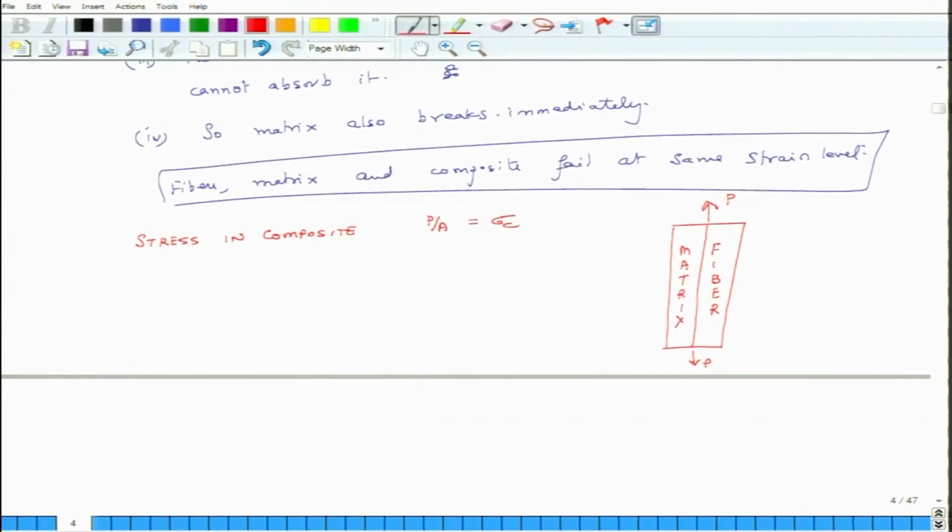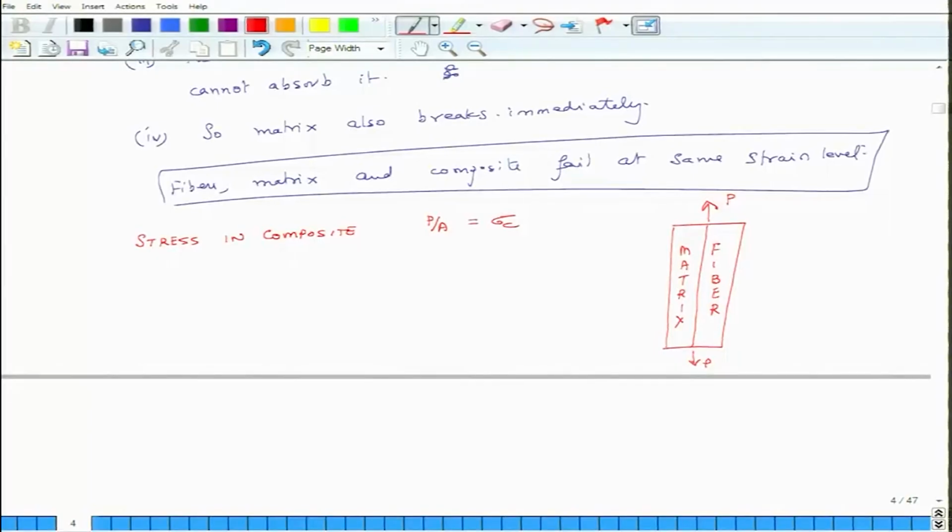Now, if I keep on pulling it, fibers fail and immediately all that load gets transferred to matrix, and then matrix also fails. So, just at the point of breakage, P, which is the external load, will be load shared by fibers plus load shared by matrix.